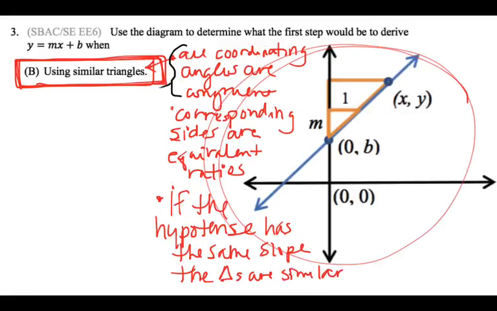Okay. Probably want to copy that down as well. So we do know that if they share a hypotenuse, or the hypotenuse has the same slope, we're looking at similar triangles. Okay. So now knowing all that, we have to use this picture to prove y equals mx plus b. Crazy, huh? It's actually not too bad.